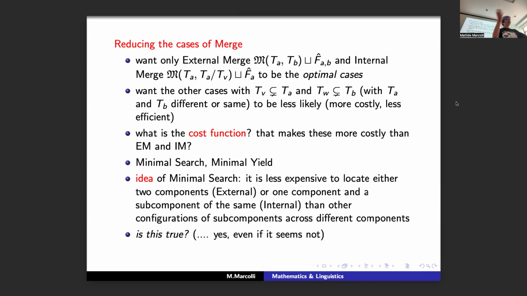That's fine, but if you don't find two components, what do you search for next? What is the easiest search that you can do? It's usually presented like this: the next easiest thing is that I find one component and then I search for something inside that component rather than somewhere else.